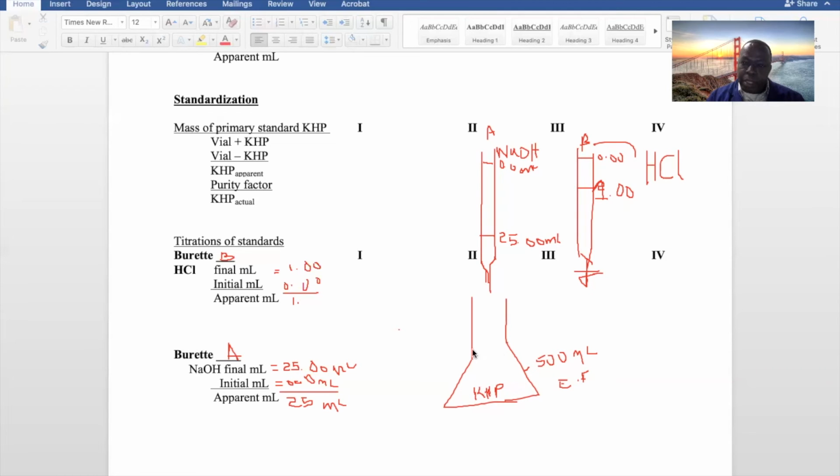The majority of the NaOH which went into the flask was consumed by KHP, and the leftover was consumed by the back titration. So that when we get to calculation, hope you have understood up to this point. I'm just zeroing in here, and how we will reconcile with the calculation. Remember, this is an over titrated sample, so there is 1 ml here, and there is 25 ml, which is the total here.